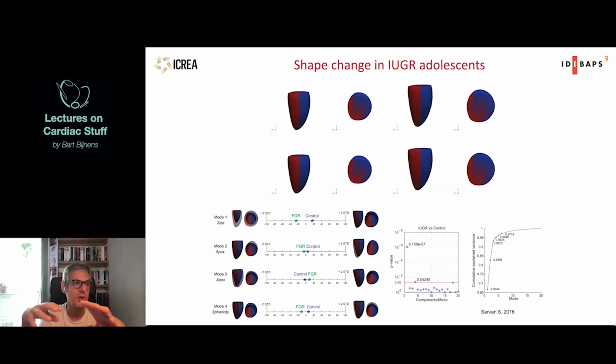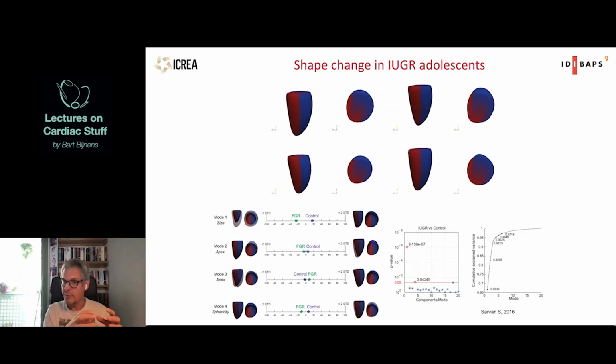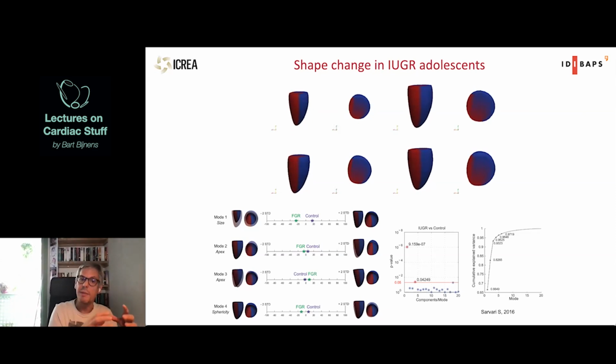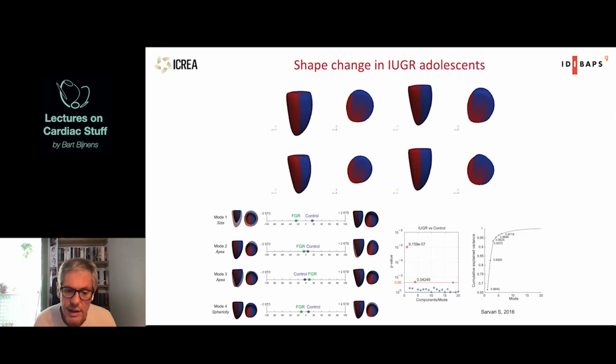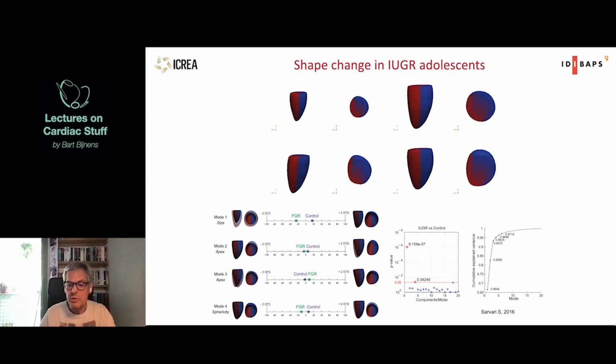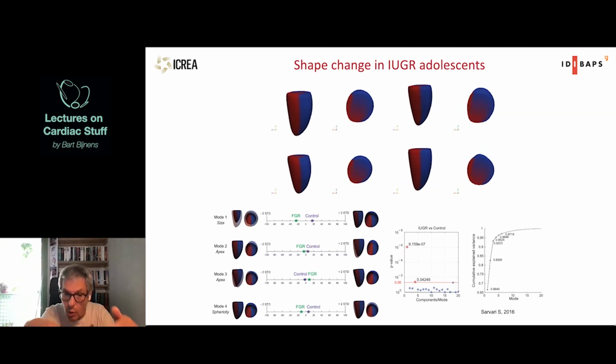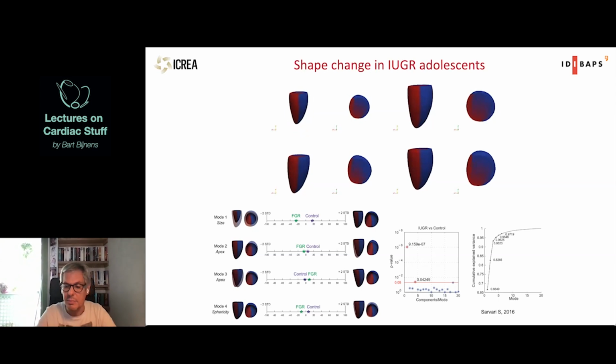Or the other thing is, of course, and that's something that in the future we should try to do a little bit more, that you also put some kind of physiological knowledge there from the beginning, whether it's either through a computational model that you would incorporate, or through some typical shape changes or pattern changes that you know are related to one specific type of abnormality or response to, for example, a loading change.